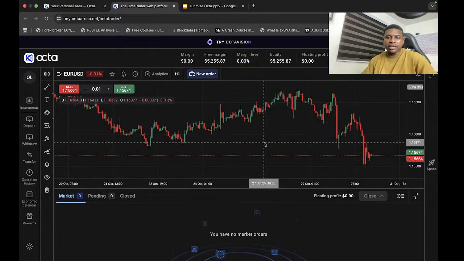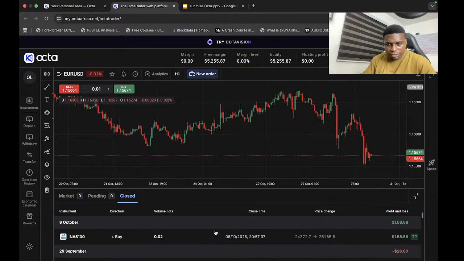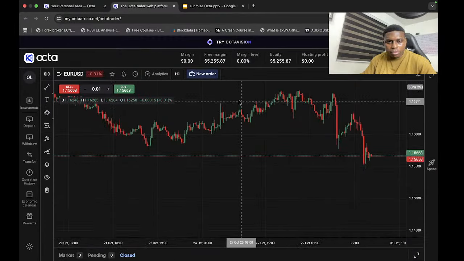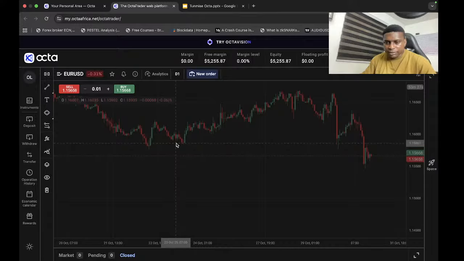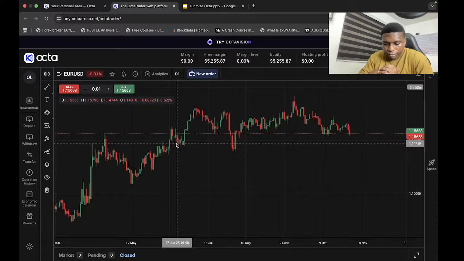Now we can see that on EuroUSD, let's go to the daily time frame. We are going to do what we call the top to bottom approach.